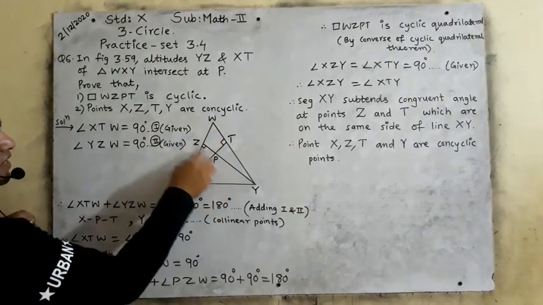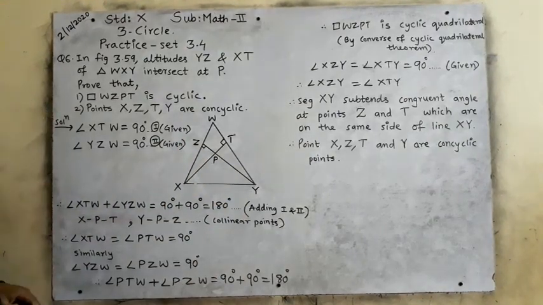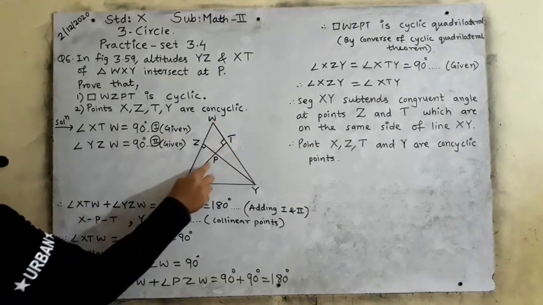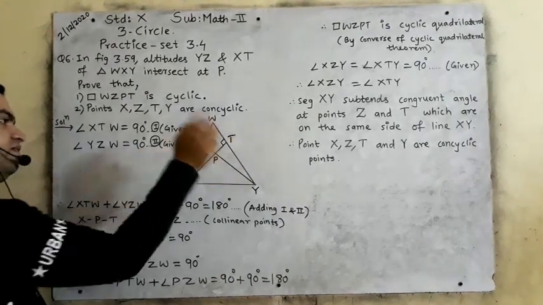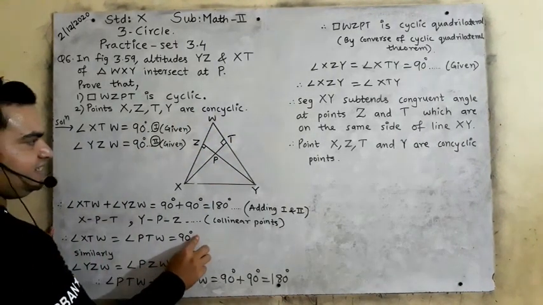Same here, Y, P, Z collinear points. So therefore we can say angle XTW is equal to angle PTW, because they are collinear points, which is equal to 90 degree.